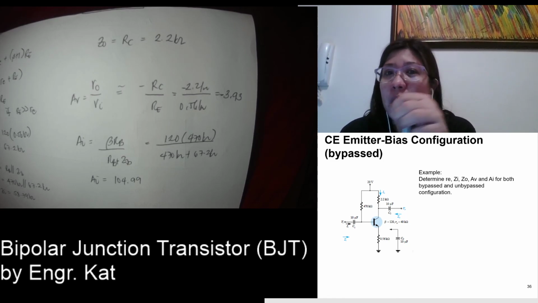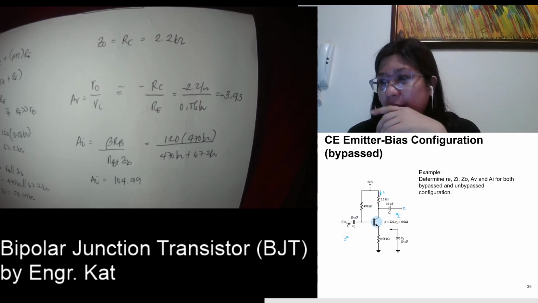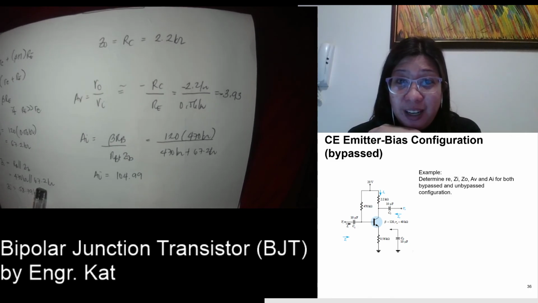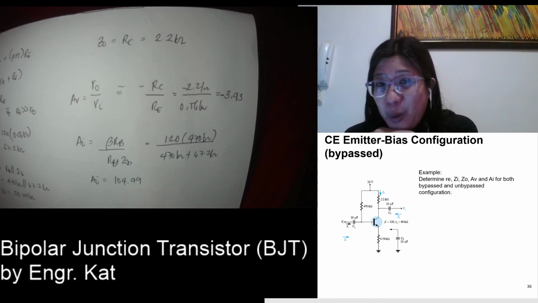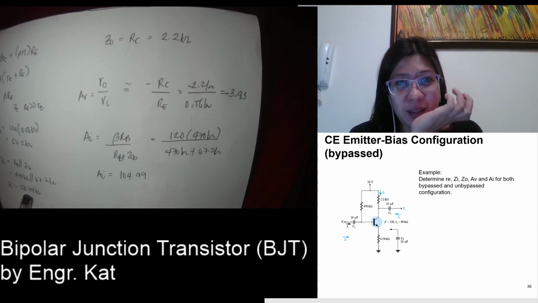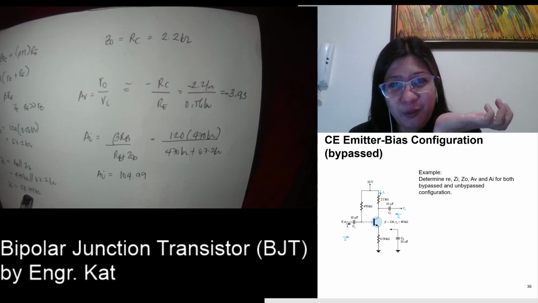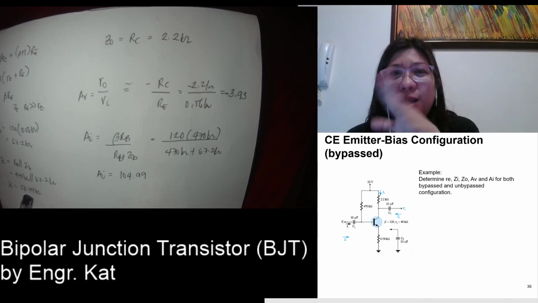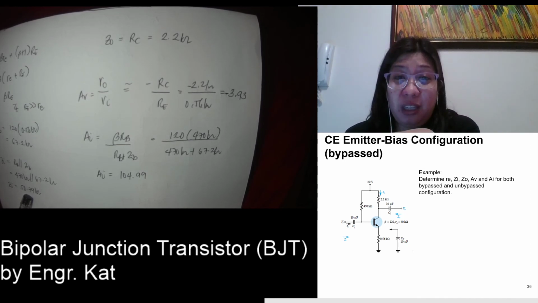So therefore, we really use the bypass capacitor. Aside from the fact that it makes your solution harder. Okay? So the equation is more difficult to solve. So therefore, we just bypass it because it's easier to solve. But that's not the main reason. The main reason is the voltage gain. Okay?